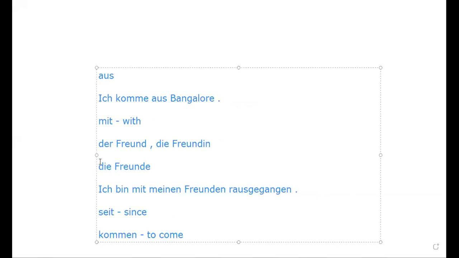Seit means since. So, since three years I live in Bangalore. Now we are going to make the sentence like this. May I get this from you? Anybody? Do you have some idea about this? You can share. Since three years, I live in Bangalore.